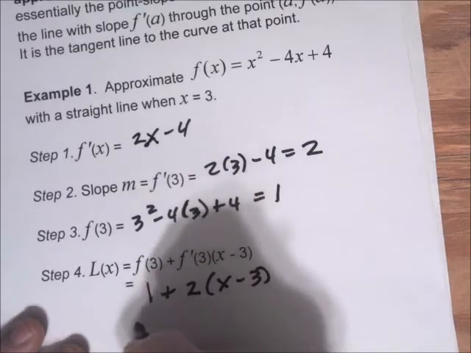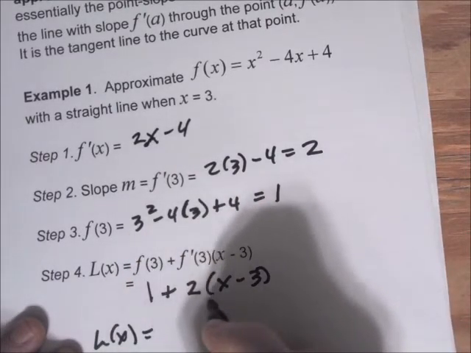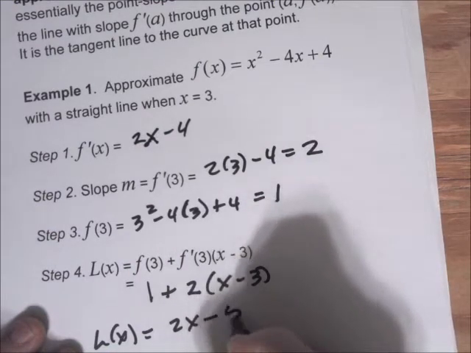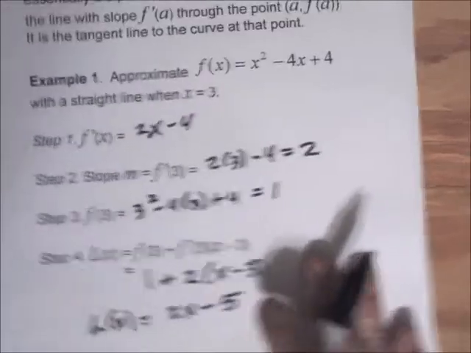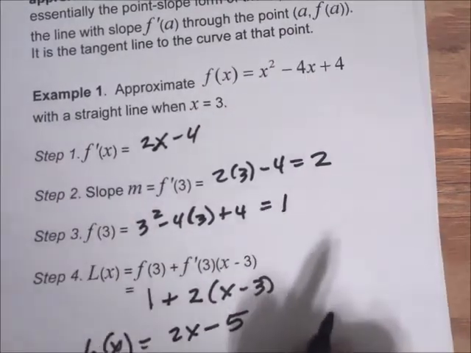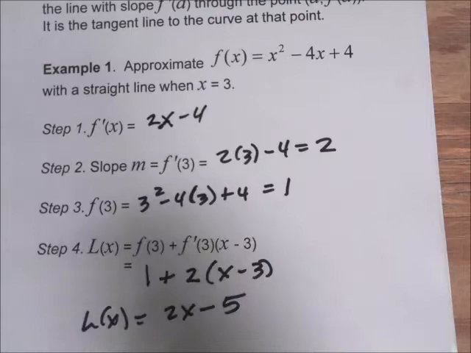If we simplify that, distributing the 2, we get 2x minus 6 plus 1, which is minus 5. So L of x is 2x minus 5.